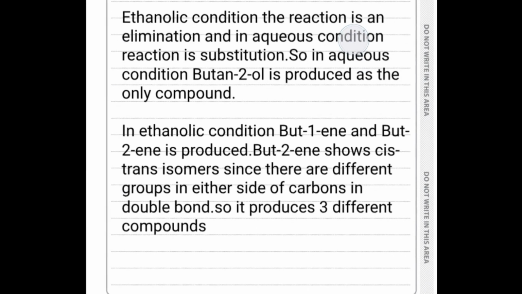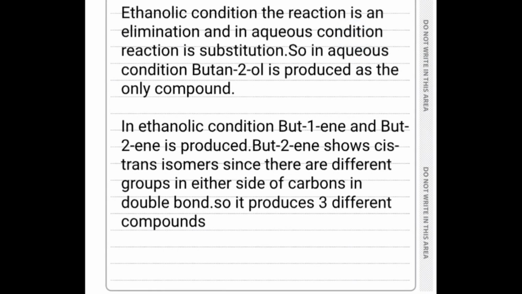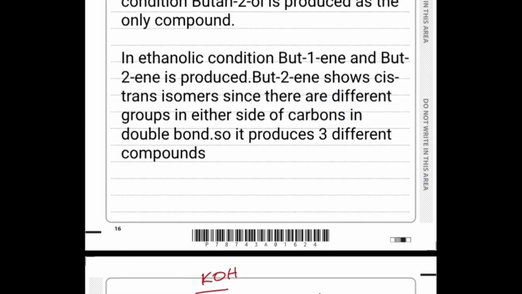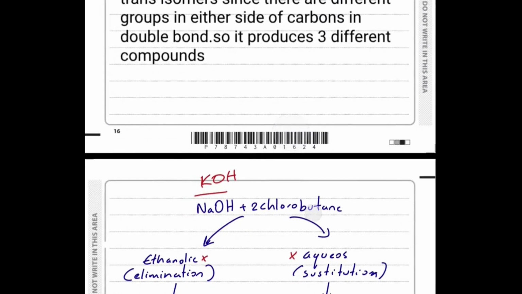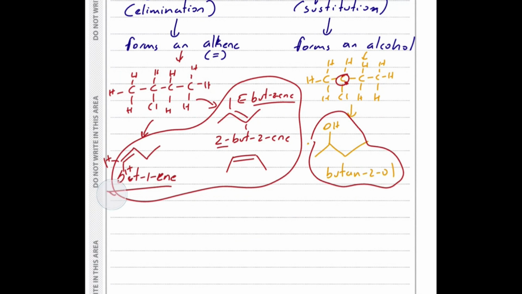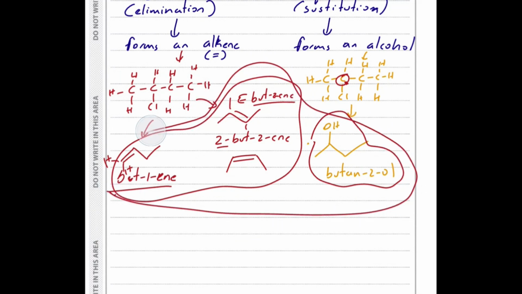But-2-ene shows cis-trans isomers since there are different groups on either side of the carbons in the double bond. So it produces three different compounds, right? Altogether there will be four different structures. You should have mentioned these four structures at the end of this question.